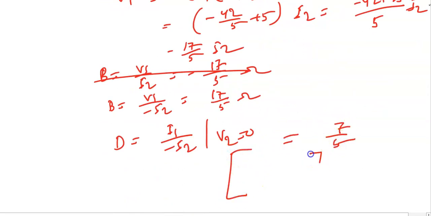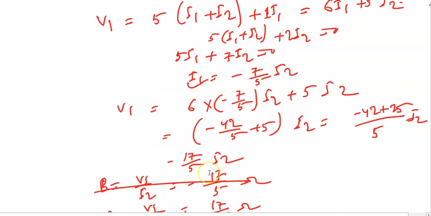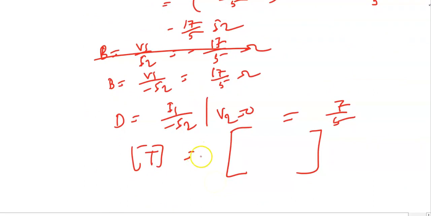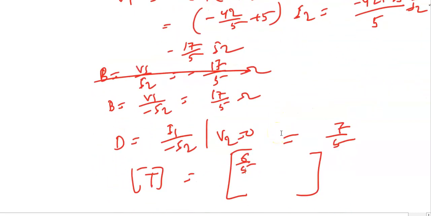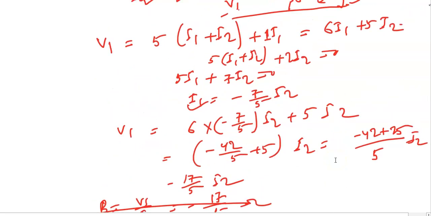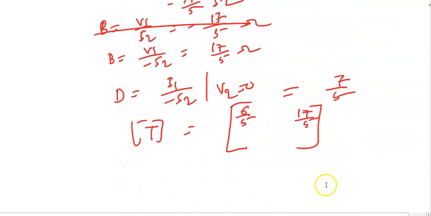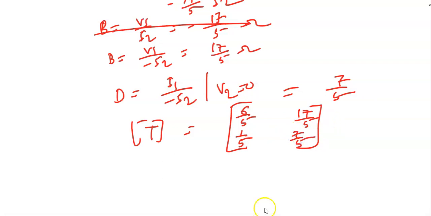So ultimately, the transmission parameters of this network are 6 by 5, 17 by 5, 1 by 5, 7 by 5.